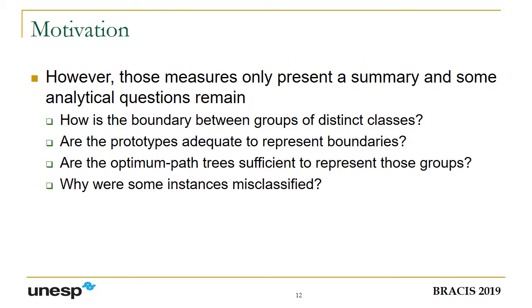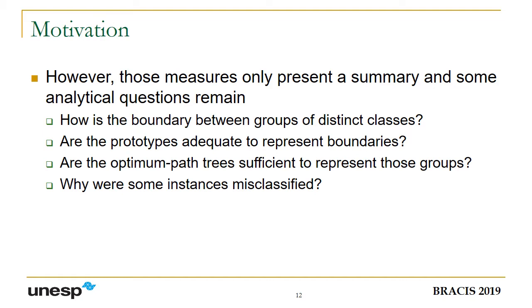So some questions remain after analyzing the classifier using those measures. For instance, how is the boundary between groups of distinct classes? Are the prototypes adequate to represent boundaries? Are the optimum path trees sufficient to represent those groups?